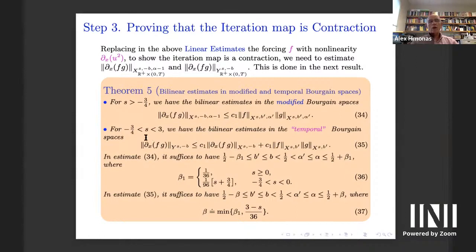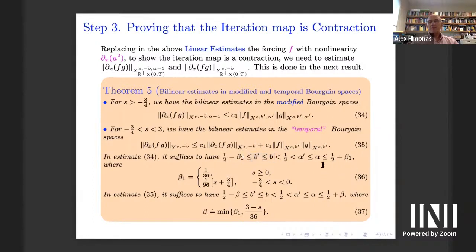We need also one in temporal spaces, the ones introduced by Faminsky. There are lots of alphas and betas, and alpha primes and beta primes involved here. I'm not expecting you to absorb this, but at least absorb that the betas are smaller than 1/2, unlike the whole line.